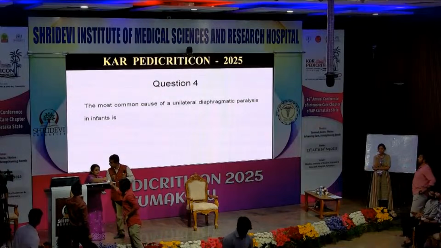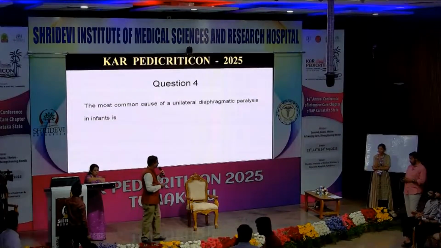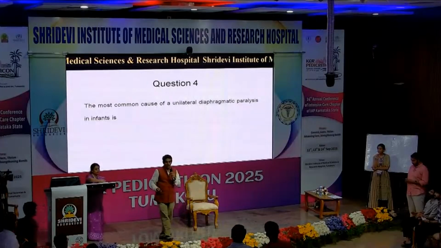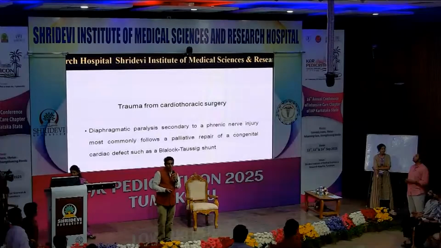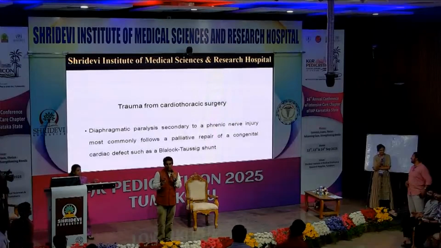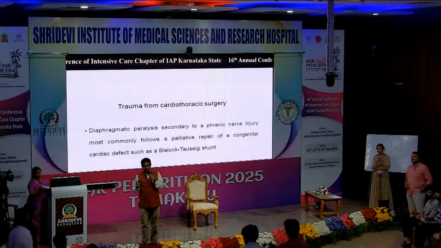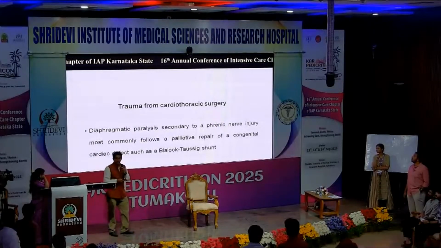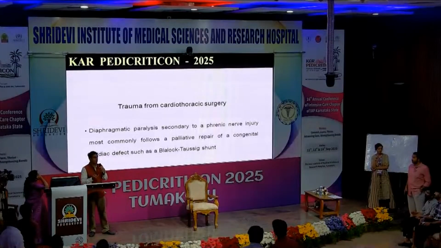No, it's infants. Anyway, the answer is trauma from cardiothoracic surgery. This is the most common cause of unilateral diaphragmatic paralysis in infants, not newborn, not birth. It is seen after palliative repair of congenital heart disease, for example BT shunt and other things.